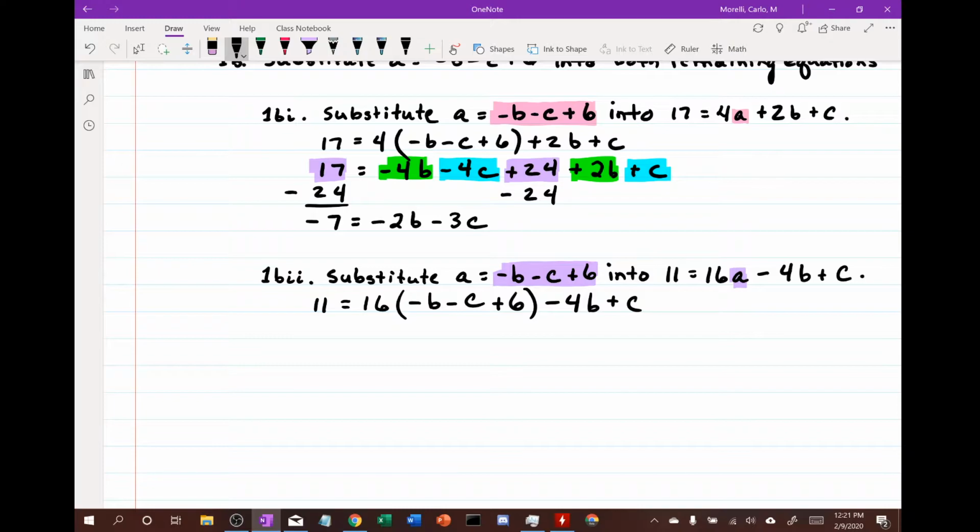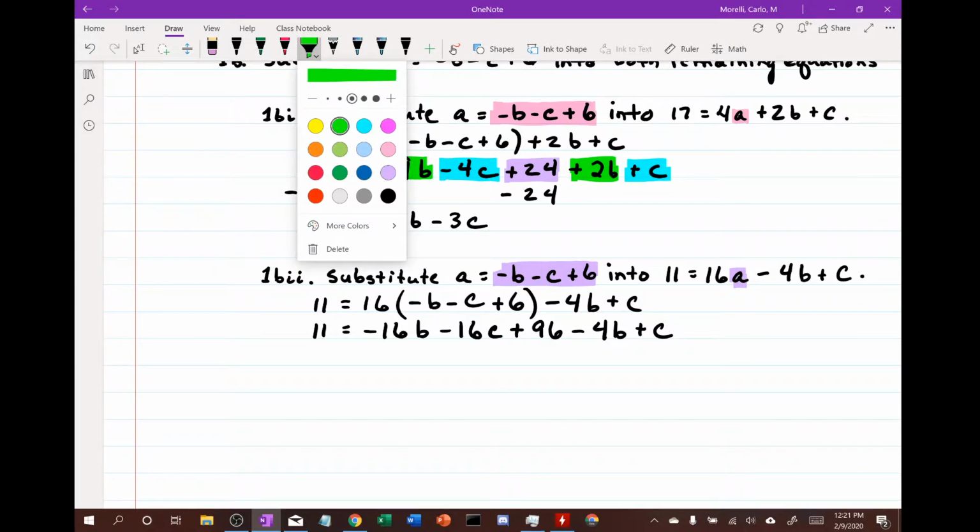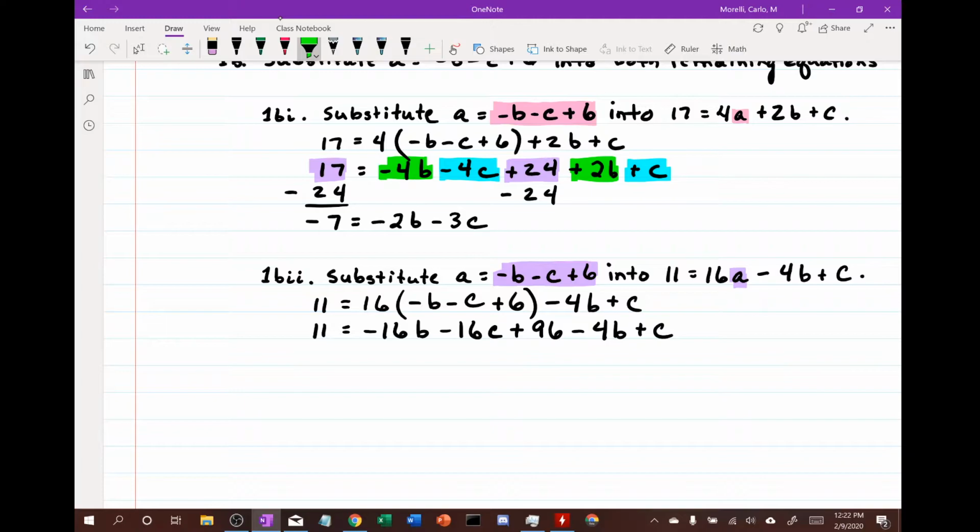And now we'll distribute. So we have 11 equals negative 16b minus 16c plus 96 minus 4b plus c. We will now combine like terms.